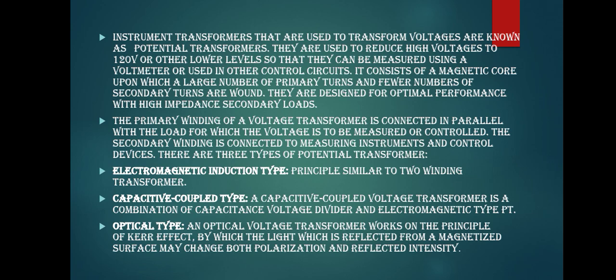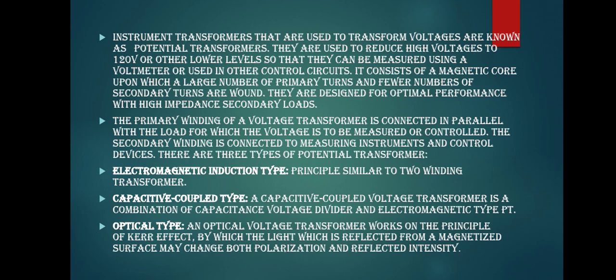They are designed for optimal performance with high impedance secondary loads. The primary winding of a voltage transformer is connected in parallel with the load for which the voltage is to be measured or controlled. The secondary winding is connected to measuring instruments and control devices.